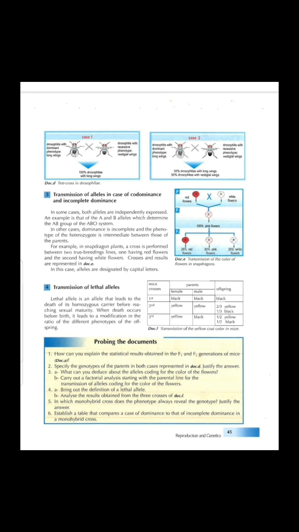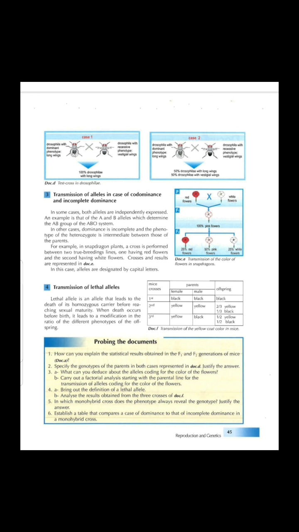As I told you, the female of blood type A and the male of blood type B, whenever they are crossed, we obtain a baby with phenotype and genotype AB. That means A codominates B or B codominates A. Both are expressed, both are dominant with respect to each other. In other cases, the dominance is incomplete and the phenotype of the heterozygote is intermediate between the two parents.